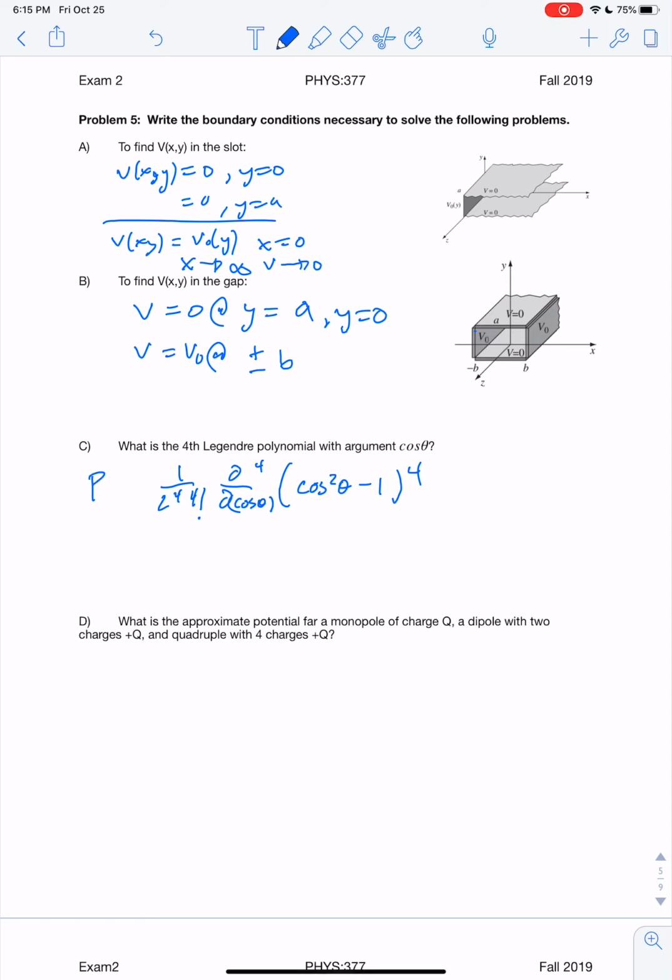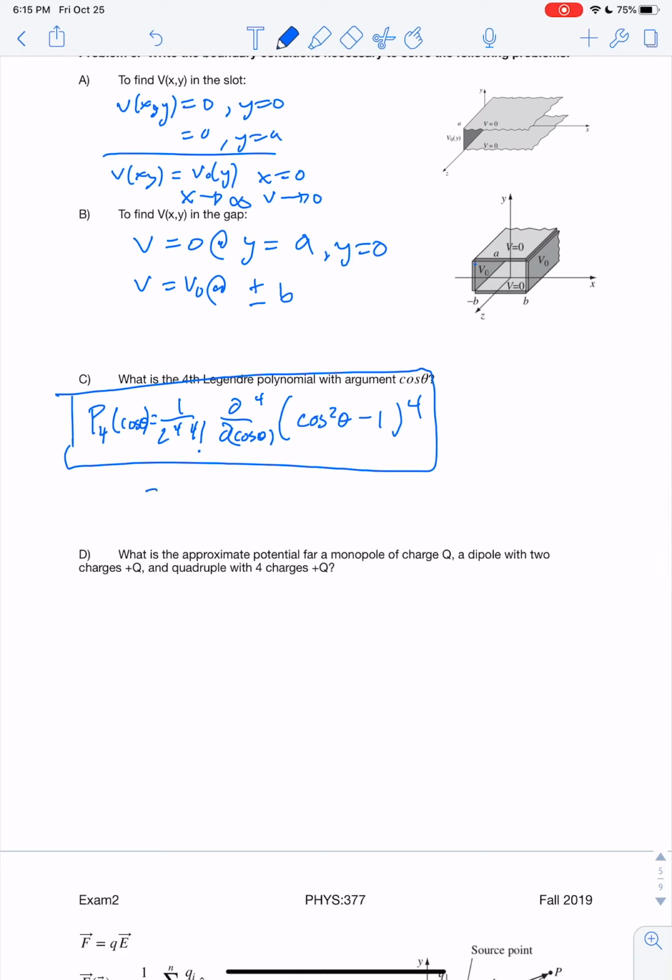And this is equal to, this was actually what I was looking for. So if you had that, and even if you tried to go further than that, I gave you credit for that. But that's basically what I wanted to see. You could simplify this a little bit, like 1 over 384 or something, if you wanted to, but I was trying to give you some freebies there.